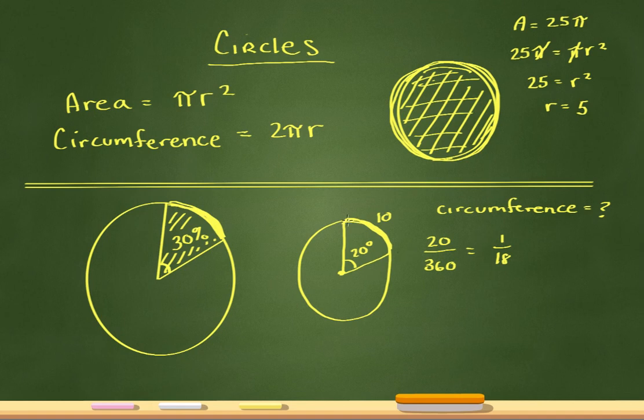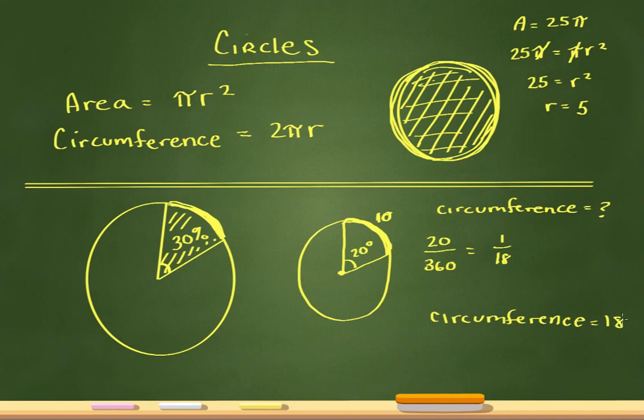So if I have 18 of these slices and the arc length of one of them is 10, what is the entire arc length all the way around? Well, basically I have 18 of these 10s, right? So I can do 18 times 10, and the circumference will be 180.